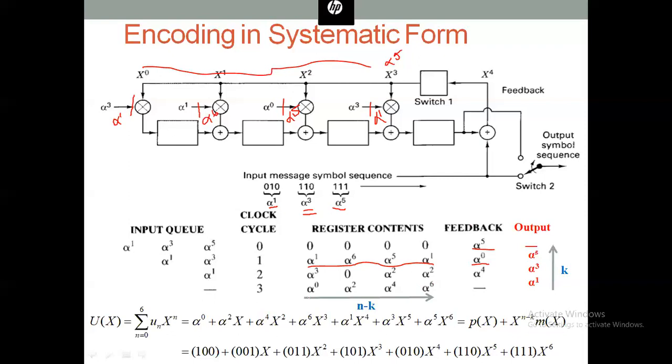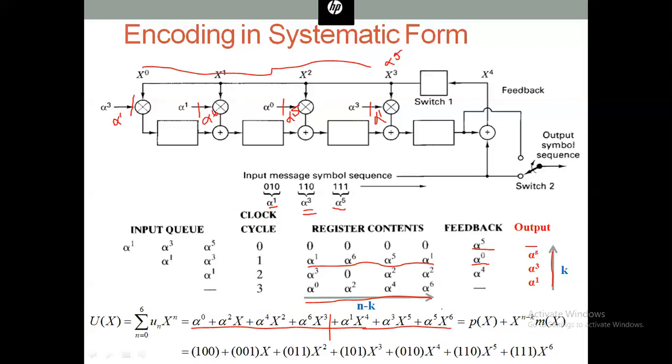So in short, finally, when we have three message inputs, we will get the value of the shift register: alpha naught, alpha 2, alpha 4, alpha 6, these are the first four values, and then the last three values. So here you get the first n minus k values, and then you will get x3, and this will be the last three values.